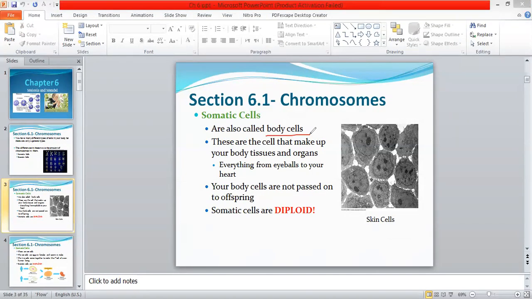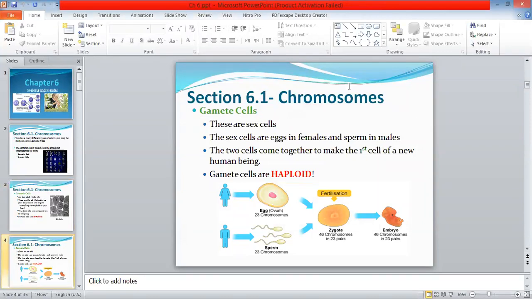Testes and ovaries, reproductive organs, are considered as somatic cells. And somatic cells are diploid.